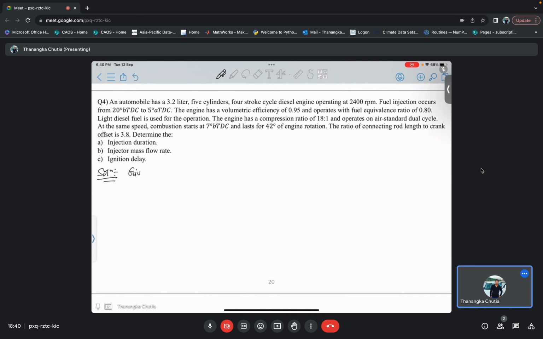Given volume V is equal to 3.2 liter. Okay. N is equal to 2400 revolutions per minute. Okay. Fuel injection 20° before TDC to 5° after TDC.